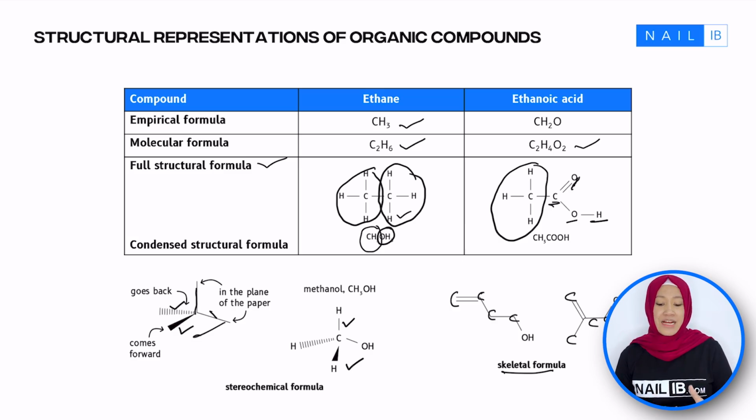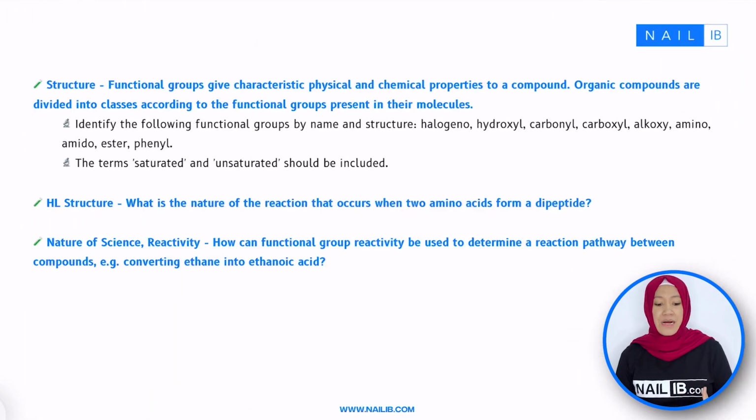And the skeletal formula, which doesn't show the atoms of C and H, but instead shows angles for the atom C. And in the next video, we're going to talk about functional groups, which are halogeno, hydroxyl, carbonyl, carboxyl, alkoxy, amino, amido, ester, and phenyl. Also we will talk about saturated and unsaturated.